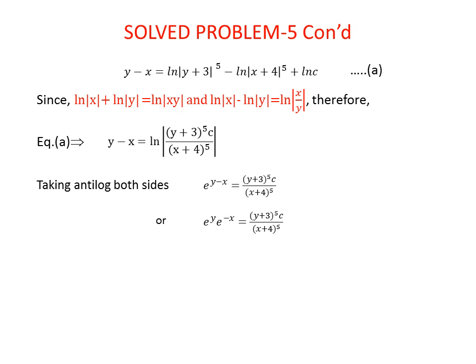Now in the last function on the left hand side we have e^y e to the power minus x. As you know, there is a rule: when the bases are the same the powers must be added. So if we add these two powers, e^y e^-x becomes e to the power y minus x. That's why we can write e to the power y minus x as e^y multiplied by e to the power minus x.